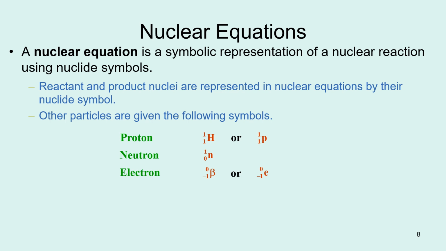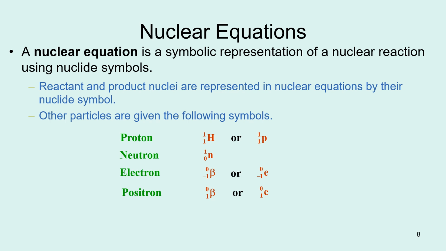Notice that the top is 0 because there's no protons or neutrons. And then I know it feels weird, but you'll see in a minute why we use a -1 here for an electron. It actually gets rid of a proton, and so it's a -1 there. So that's how we represent a beta particle or an electron.